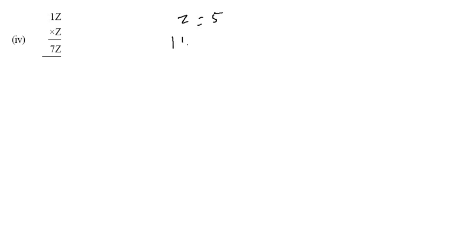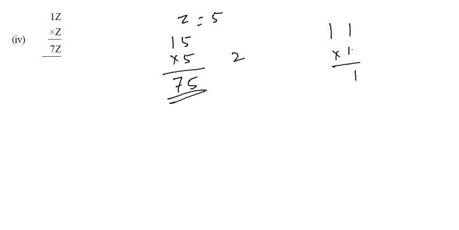So what will happen? 1 times 5 is 5 multiplied to this 5, 5 times 5 is 25, 2 carry, and 5 times 1 is 5 and 2 is 7. So our answer is correct. So how can we say 1 is possible? So multiply this, 1 times 1 is 1 and 1 times 1 is 1. So that will not be possible. So our number is z is equal to 5, that is your answer.